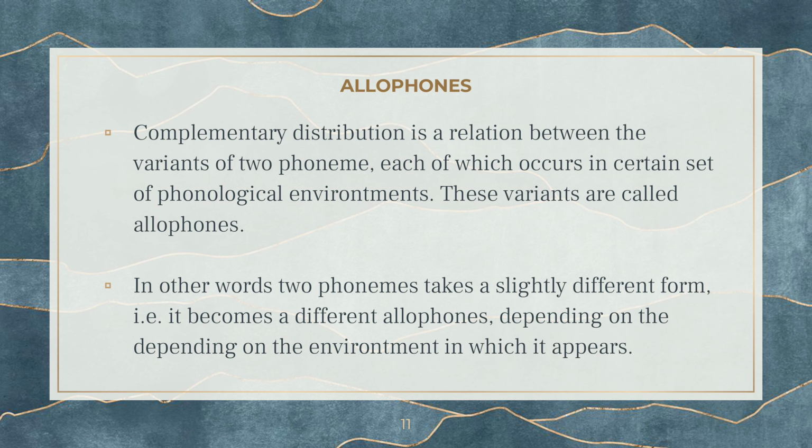As I said before, complementary distribution is the relation between the variants of a phoneme, and these variants are called allophones. In other words, a phoneme takes a slightly different form, becoming a different allophone depending on the environment in which it appears.